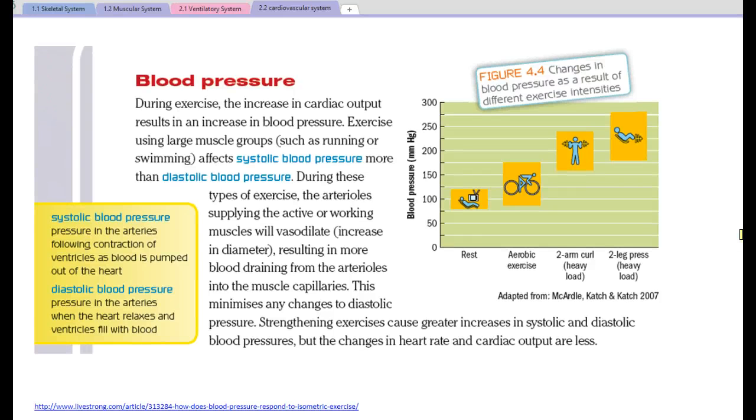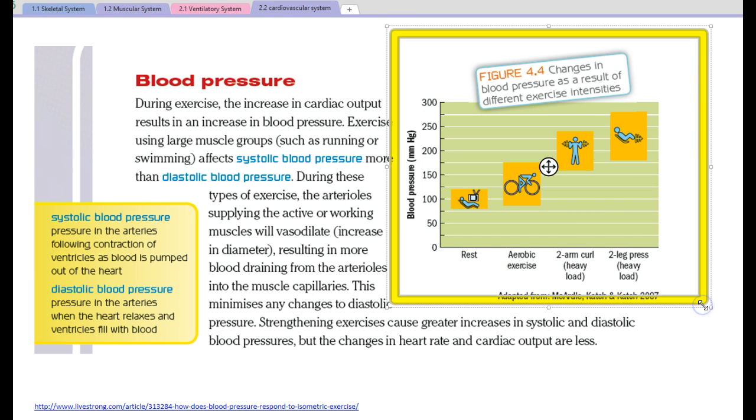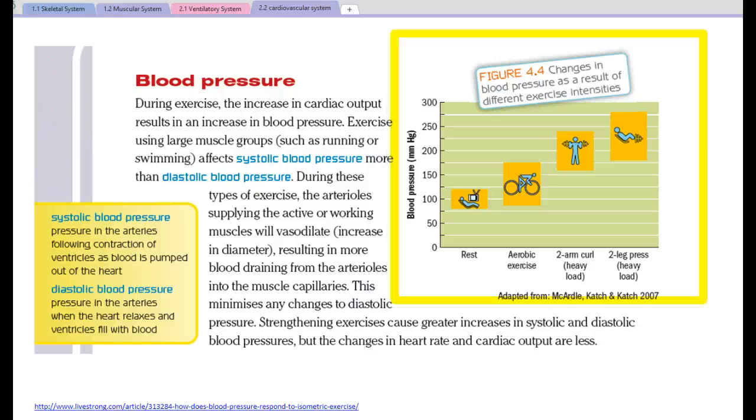From another textbook, again, it's looking at a definition of systolic, diastolic blood pressure, but we have a nice little graph over here that looks at the type of activities and the increase in blood pressure.